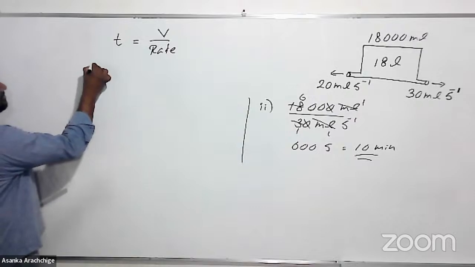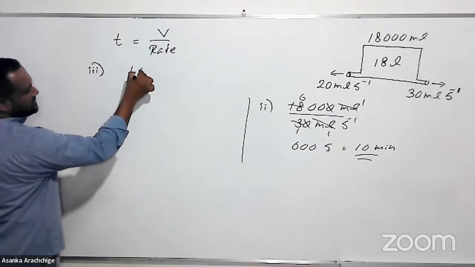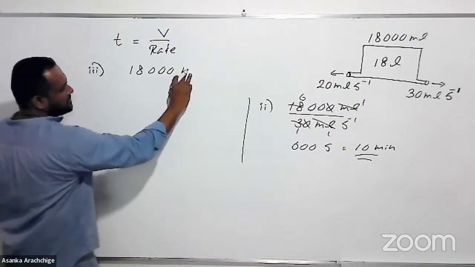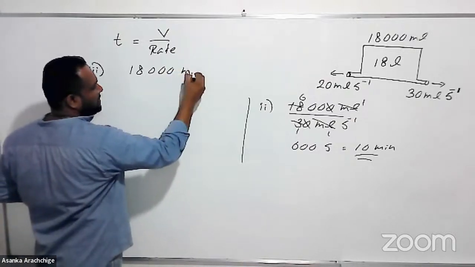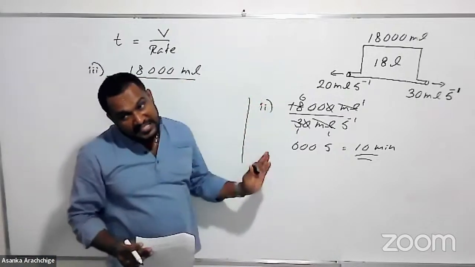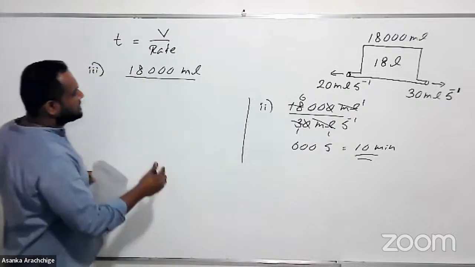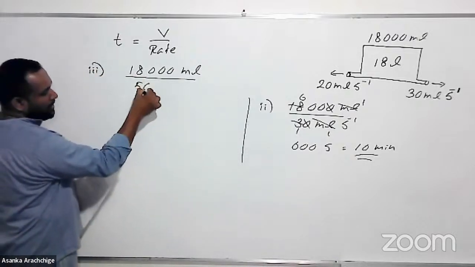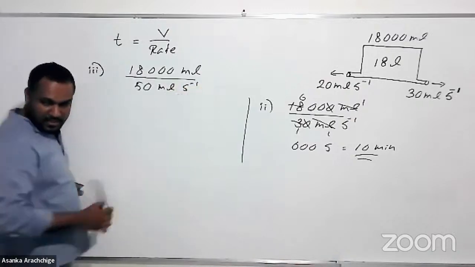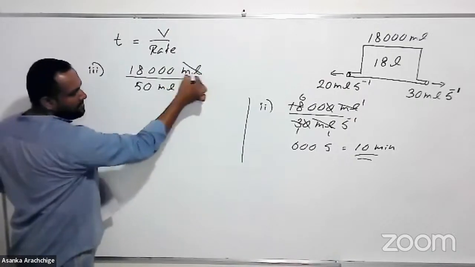In the third one, the volume is the same, 18,000 milliliters. Now the rate has gone up. It is now 20 plus 30, 50 milliliters per second.